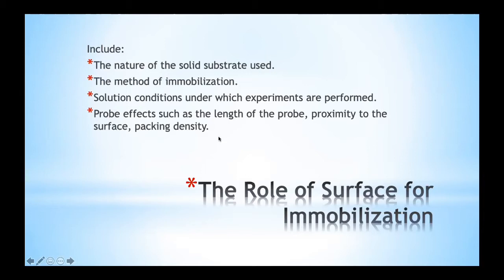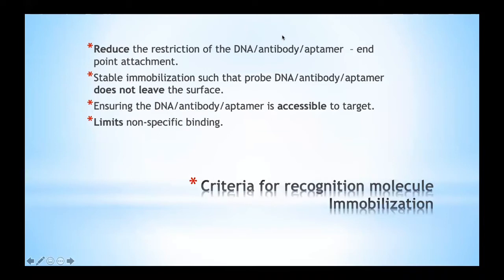For example, if we are using DNA biomarker, then the length of the probe, the packing, and the linker must be considered, must be characterized. In order to have an optimum signal for biosensor, the restriction of the biomarker or chemical marker on top of the transducer must be reduced.